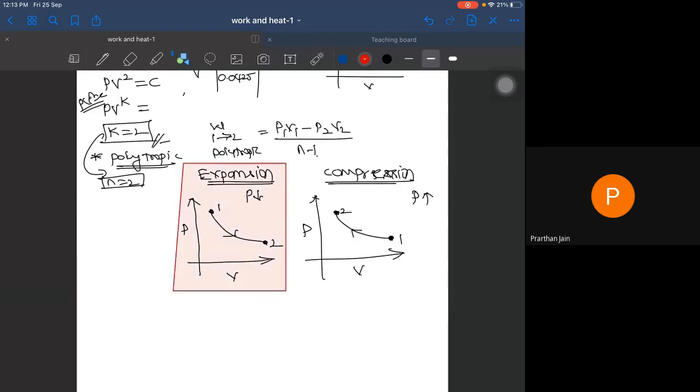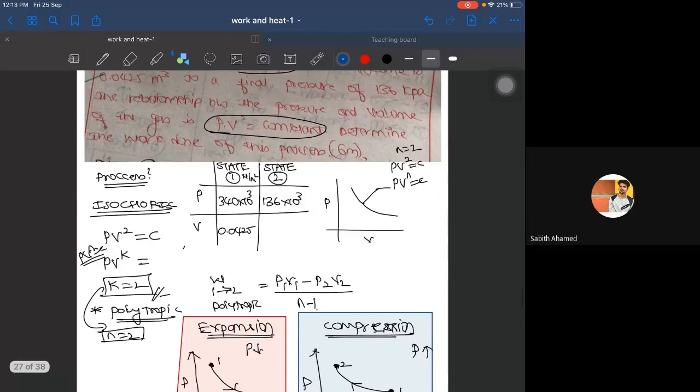If it is a compression process, you have to take it in this way. Any doubts in identifying compression and expansion? No. Clear, right? So come back to the present problem now.